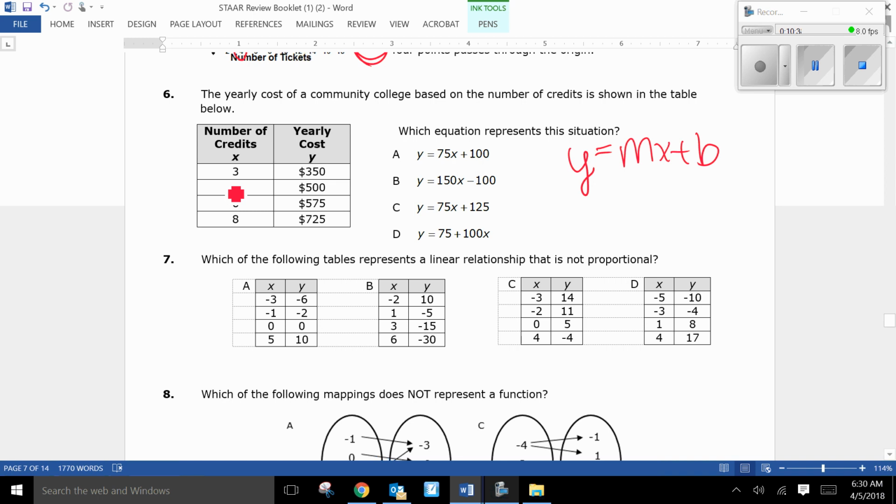Okay, so I'm going to look for my slope, my change in y to change in x. So I'm increasing by 150 for 2. 150 over 2, change in y over change in x. So that would be 75. So immediately I can get rid of B.